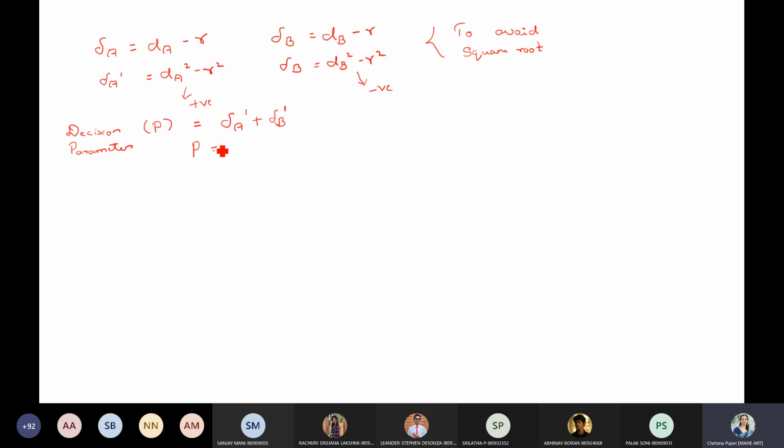So what will this give? If you end up with P as a positive value, what is the condition in order to get a positive value?